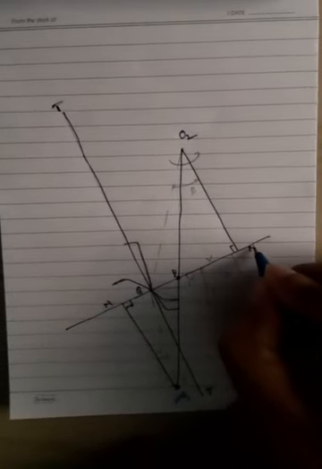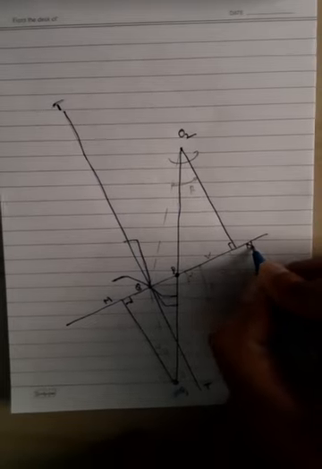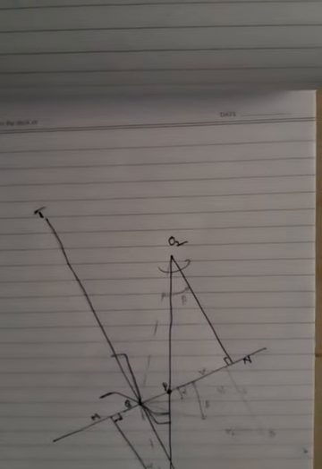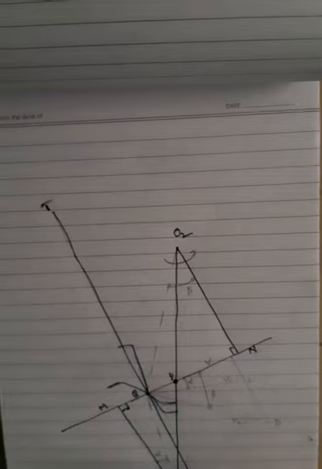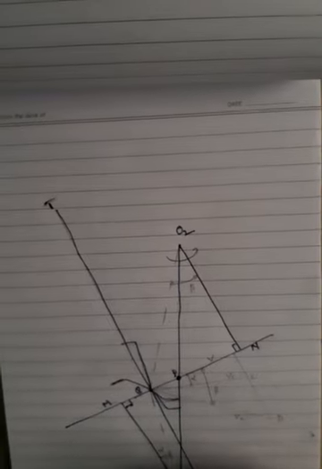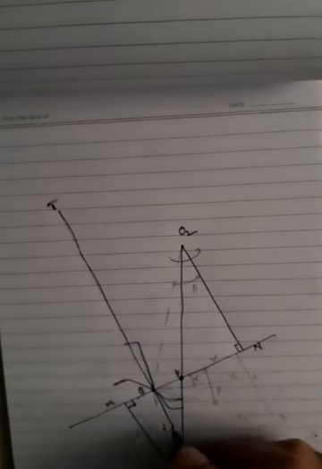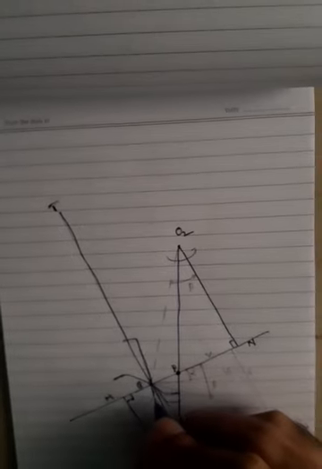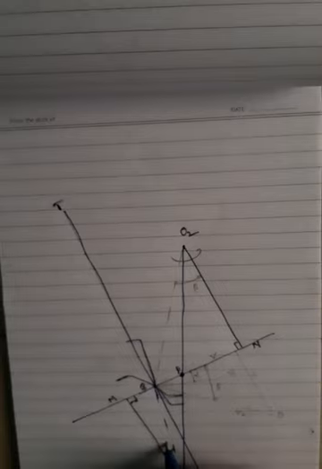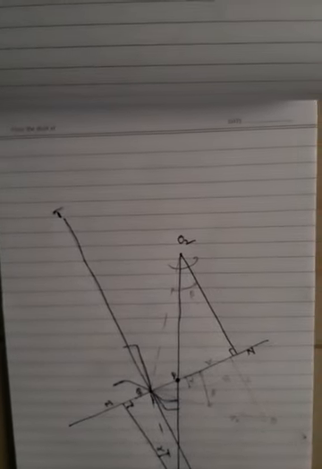I'll call this point N. Next, let us join point O1 to Q and call this angle alpha.